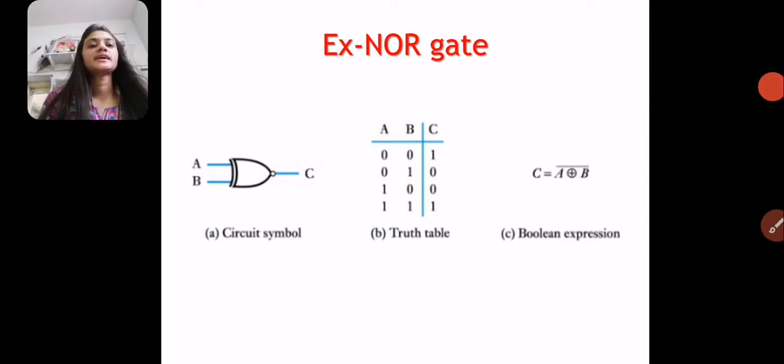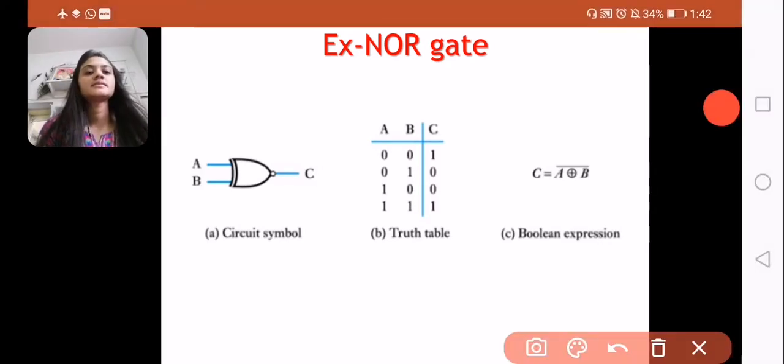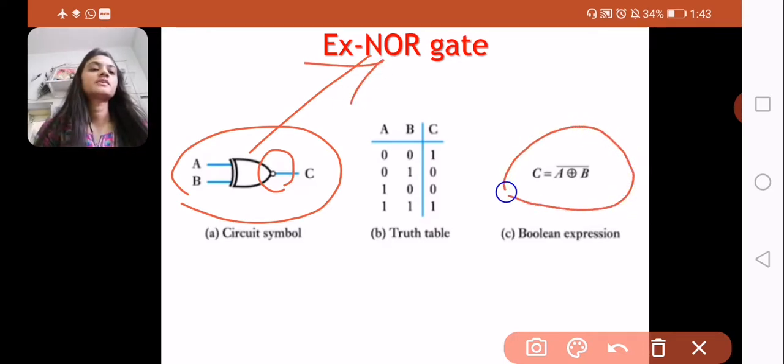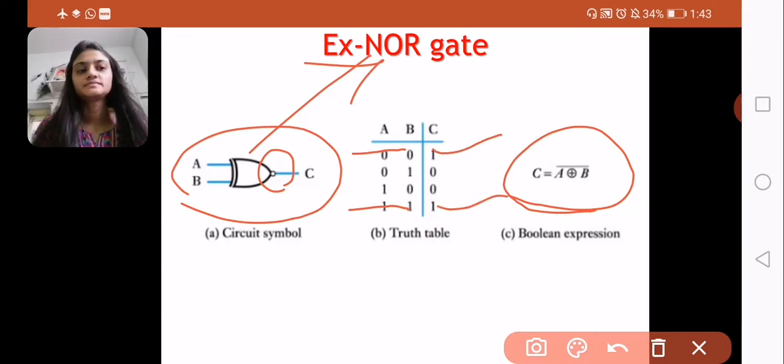Exclusive NOR gate. In the symbol, after the XOR gate you have to put one bubble, so that will be the XNOR gate, and the equation will be XOR whole bar. Now how is the truth table defined? Suppose same bits are given, 0 0 and 1 1, then the answer will be 1.